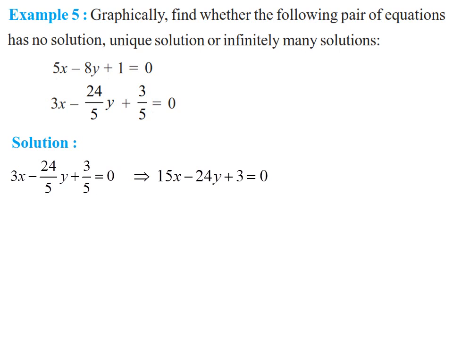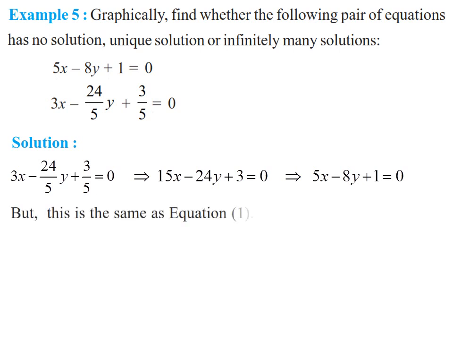The numerator 5 goes to the right hand side, multiplied by 0, and the right hand side becomes 0. Now 3 can be taken common from the equation and divided into 0, so it becomes 0. Therefore my simplified equation becomes 5x minus 8y plus 1 equals 0. Now we can see this is the same as equation number 1.